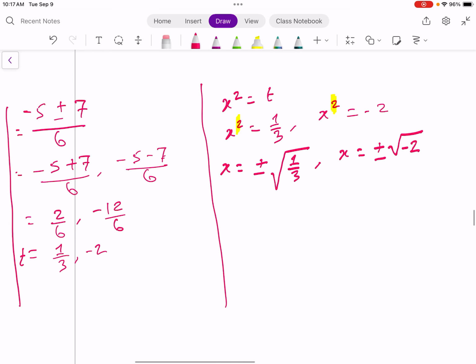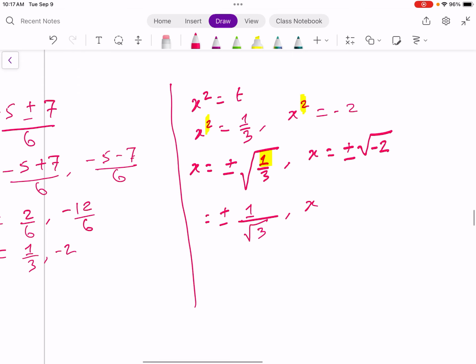Now we are almost done here. So this is positive or negative square root of 1, that is 1, and square root of 3 we write as square root of 3.